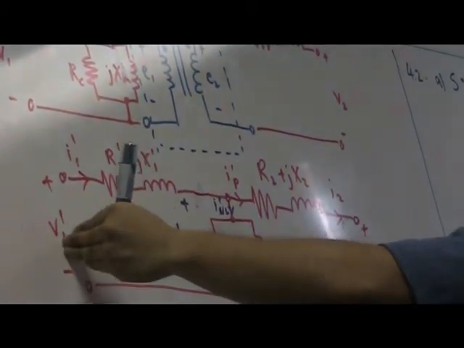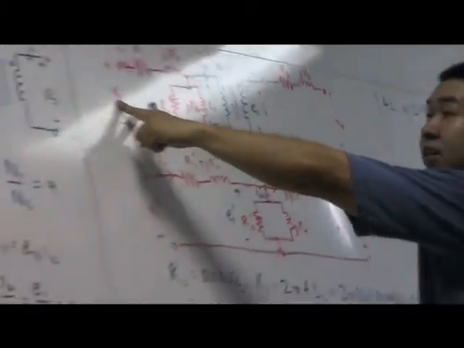So now we need to reflect this back to the primary to give us the actual values V1 and I1. Just now on the board I wrote V1 equals A times V1 prime. You all can check back, that's what I wrote. A is 5, so you just multiply this by 5.